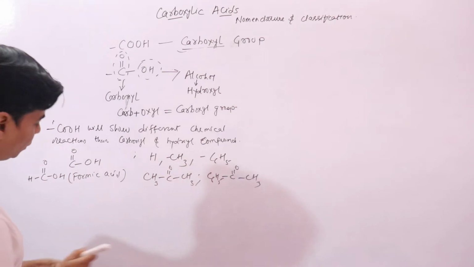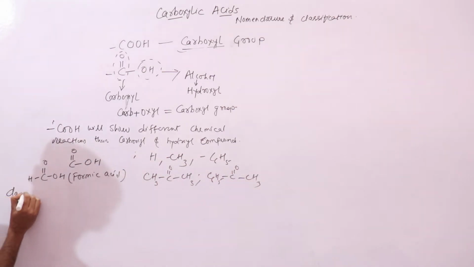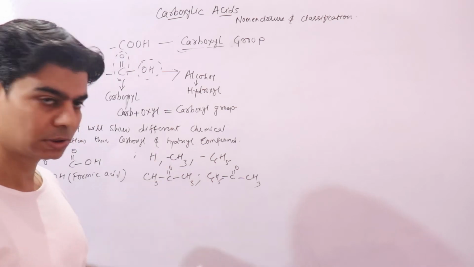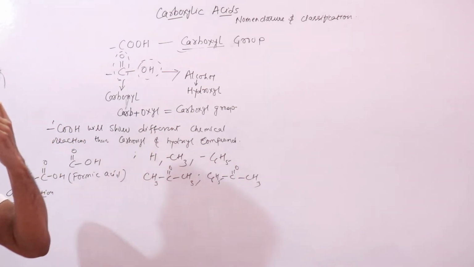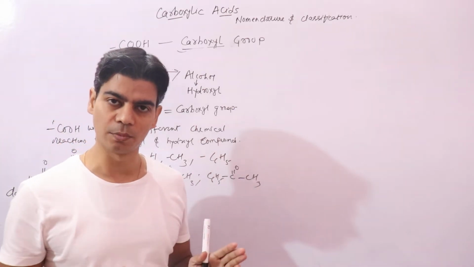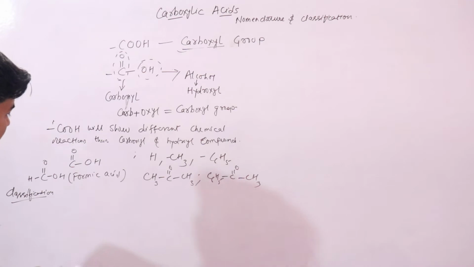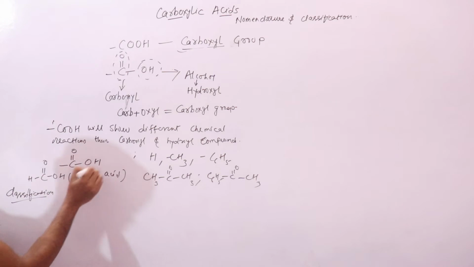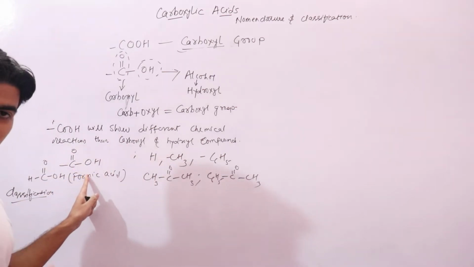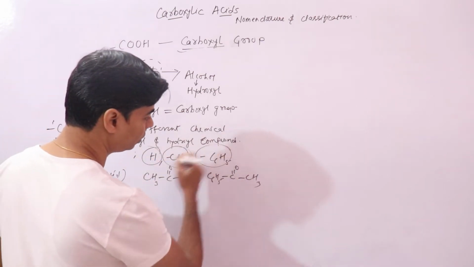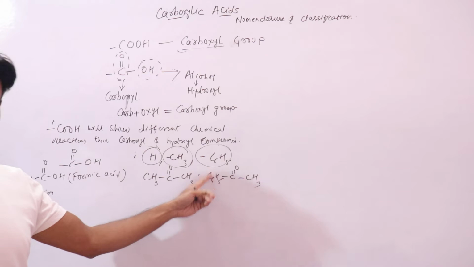Coming on to classification first, now we know two things. By this discussion, we know two things: that all carboxylic acids contain the carboxyl group, and all carboxylic acids are attached to a group. This carboxyl group is attached to a group, which can be hydrogen, a methyl, or a benzene ring, benzyl.